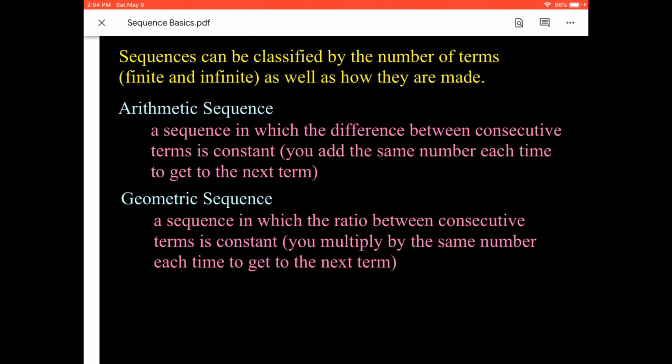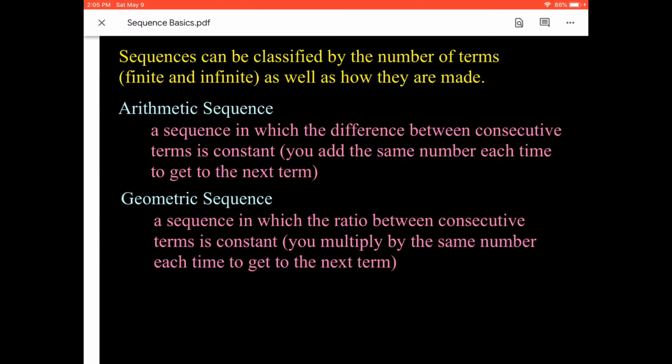That means you are adding the same number each time to get to the next term. Or the sequence could be geometric. That means the ratio between consecutive terms is constant. In simpler terms, you're multiplying by the same number each time to get from one term to the next.